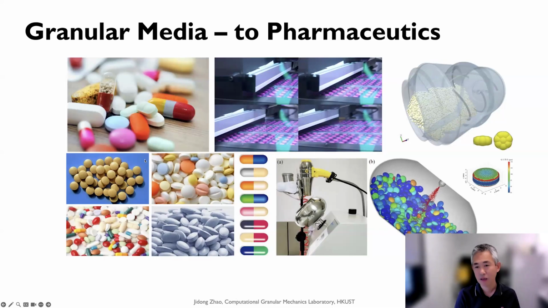The shape can also relate to how soon the tablet dissolves in your stomach, which is important for the effect of the medicine. Those are all things related to granular matter, and this is indeed one of the many important active areas in granular matter research.